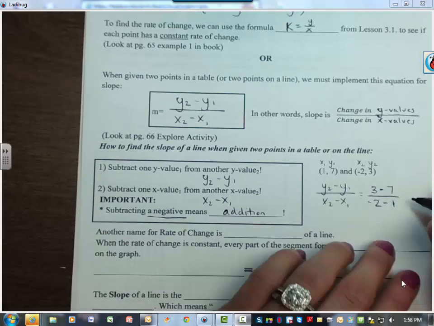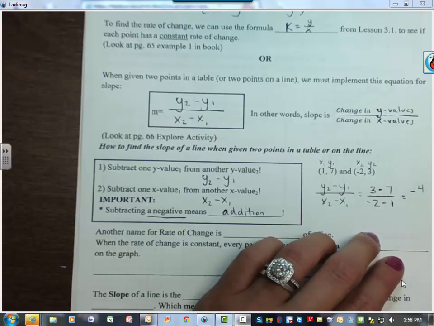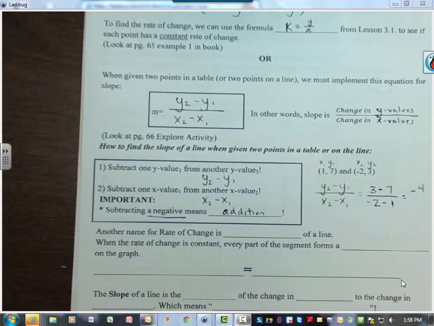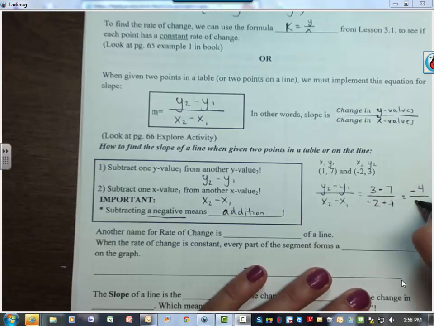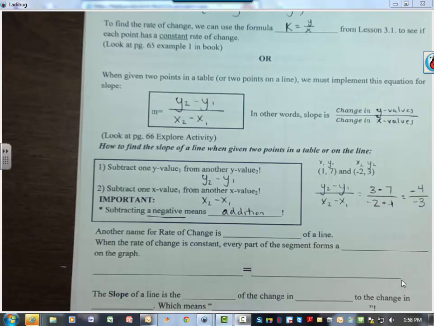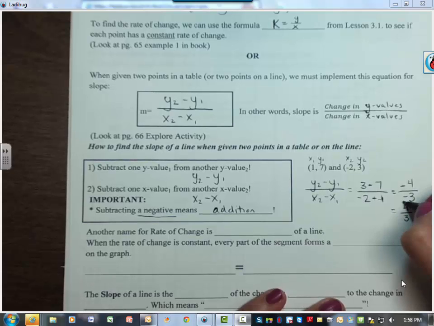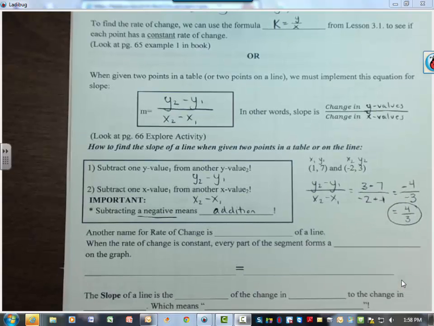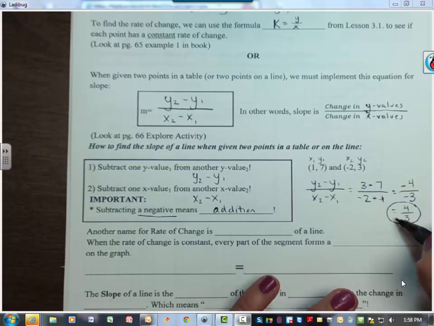So when I simplify this, 3 minus 7 is negative 4, and negative 2 minus 1, keep it, change it, is going to be negative 3. From there, my two negatives end up being a positive, so my answer here, I'm going to keep it in fraction form, is 4/3. So that's another way. This would be our constant, or our rate of change, between these 2 points. This is the rate of change.